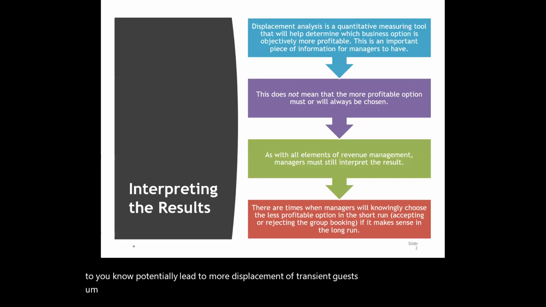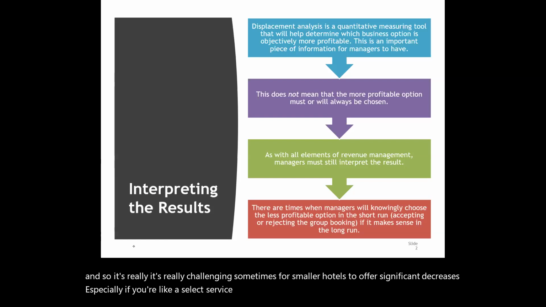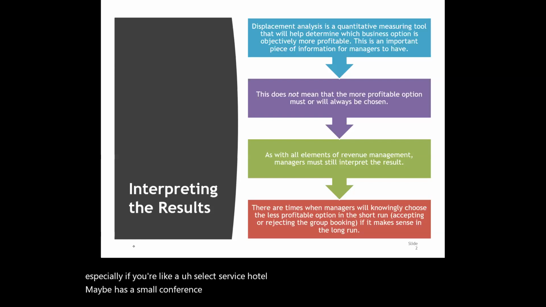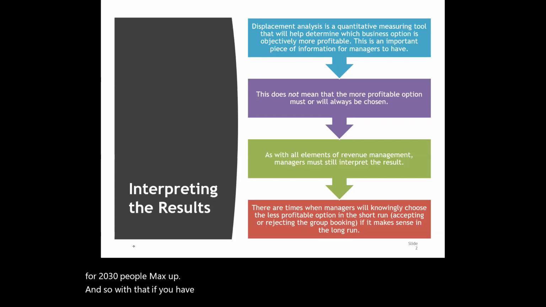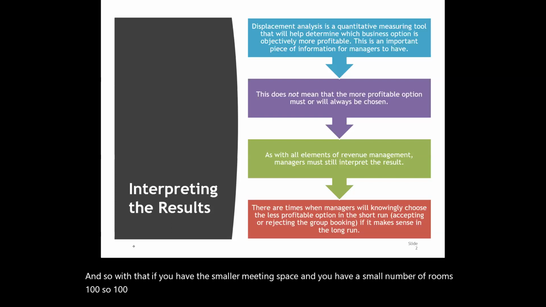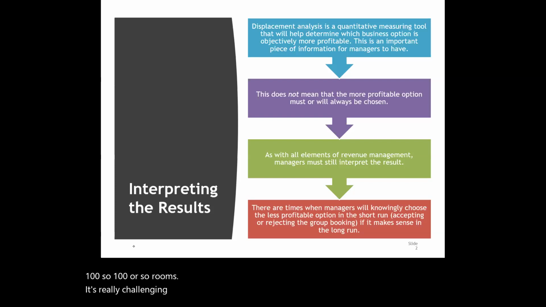Especially if you're like a select service hotel that maybe has a small conference room. It might have a very small meeting space, large enough for 20, 30 people max. And so with that, if you have the smaller meeting space and you have a small number of rooms, like 100 or so rooms, it's really challenging because typically those hotels are also the ones who offer complimentary breakfast.